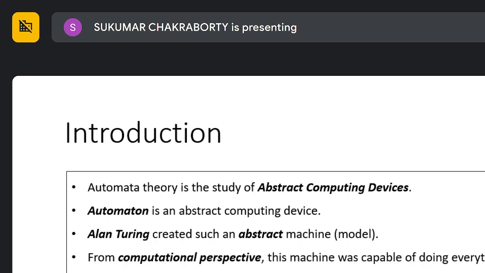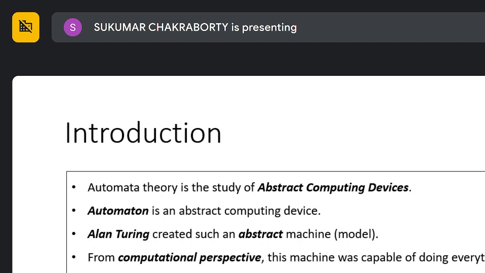What he was researching, what he was trying to find out, is whether there is a theoretical limitation of a machine. He was working on a very famous, very old logical problem: whether you can create a machine which can answer all types of logical questions.